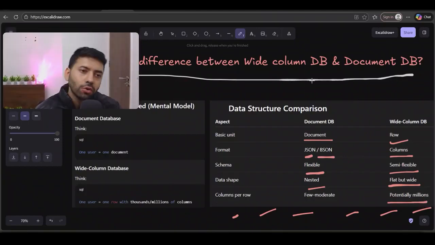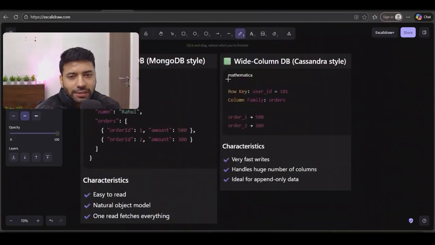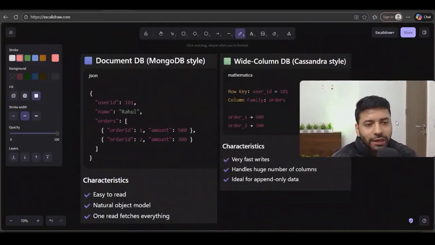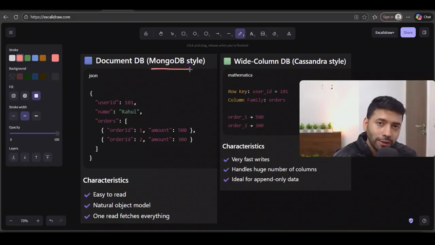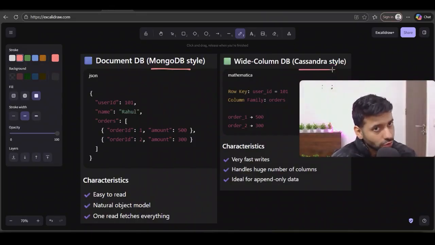All right, now let's try to understand this more with an example. We will take an example and see how the data is stored in document database versus wide column database. In document database we are picking MongoDB, which is a very famous document type database, and in wide column database we are picking Cassandra, which is also very famous. Corresponding to user ID 101, we are storing the orders.